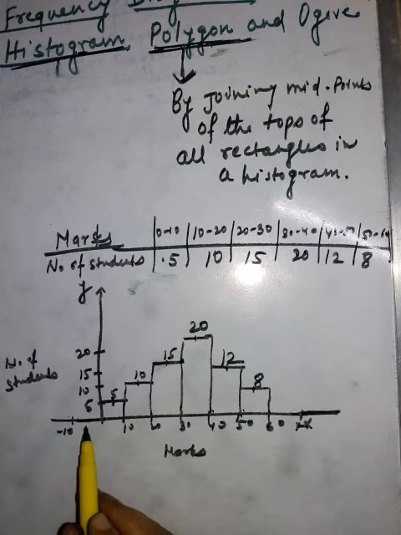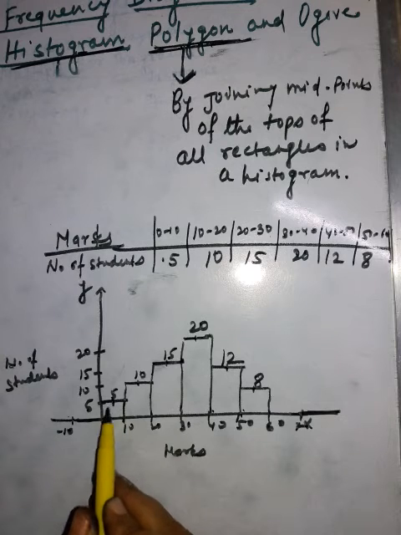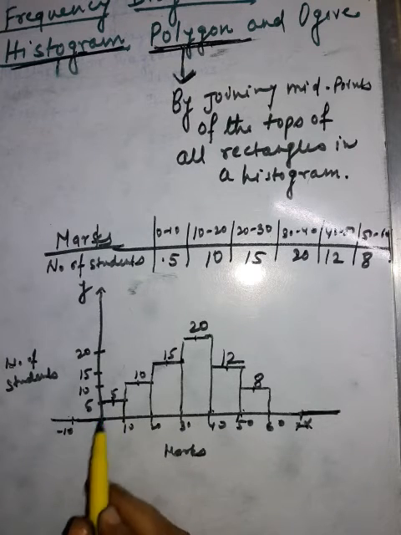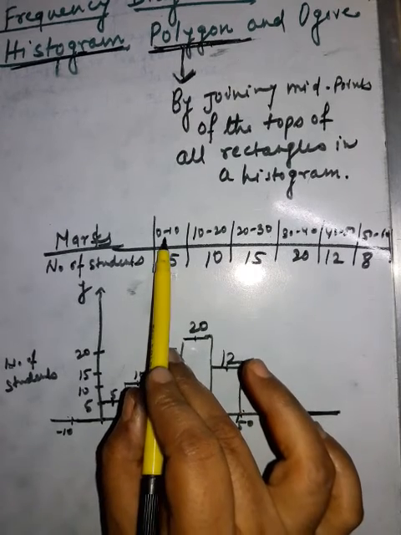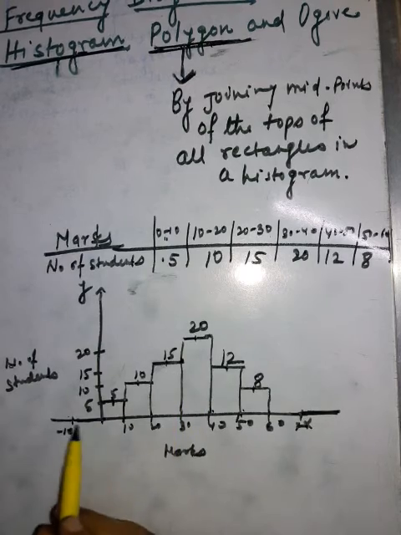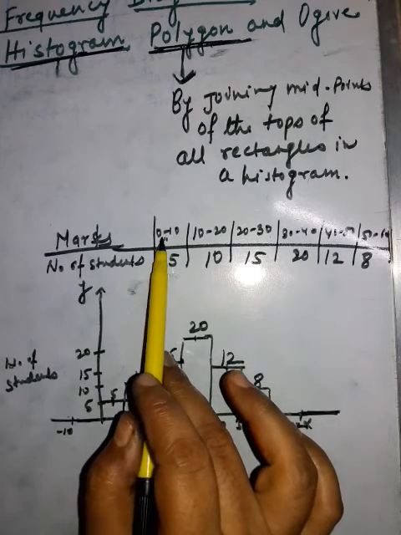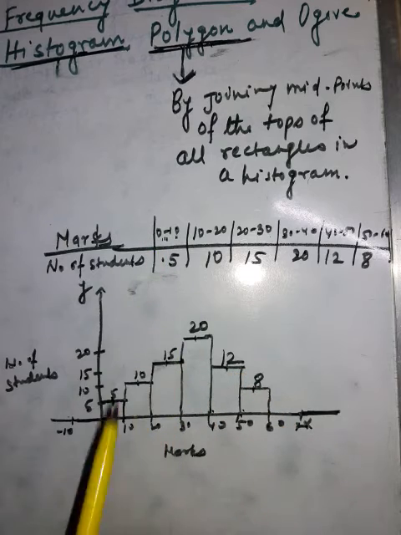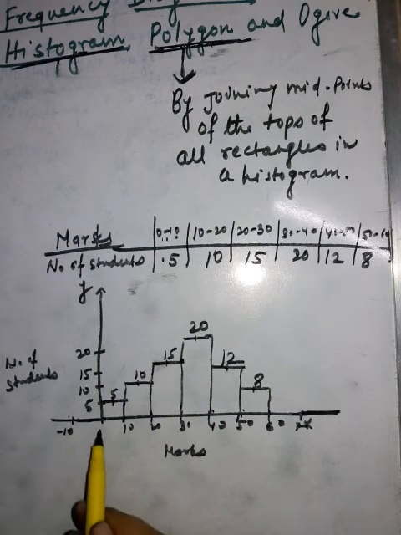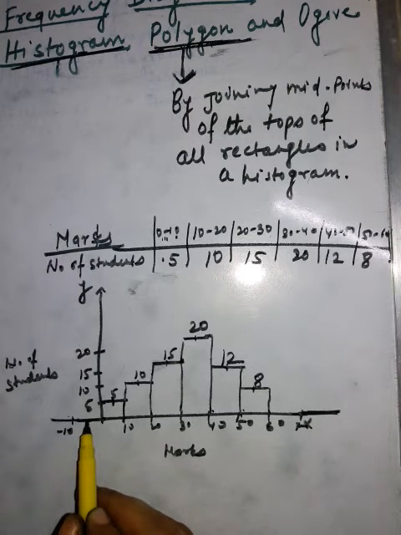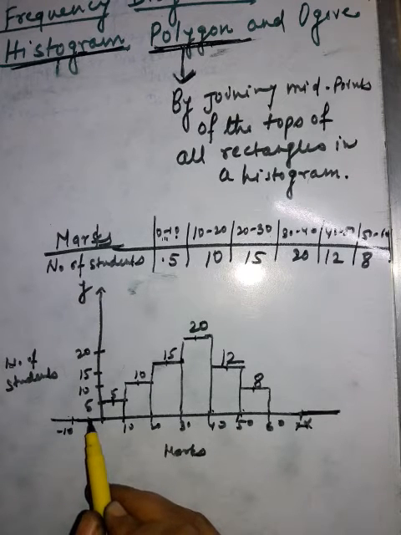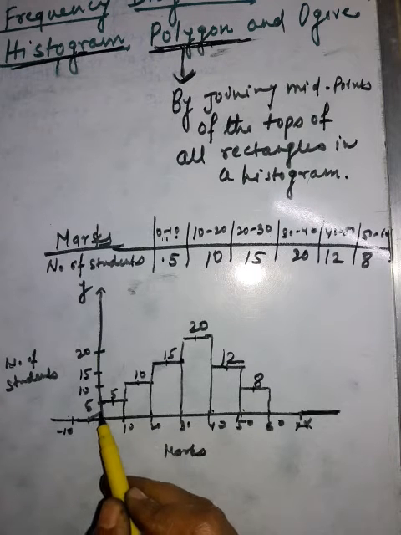Okay, so you will start to draw a line before the first class. Before the first class, if here is 0 to 10, before that would be minus 10 to 0. And we have to first draw a line to the mid value of here, and then draw it with the help of a scale again.